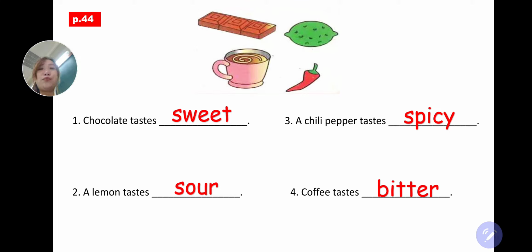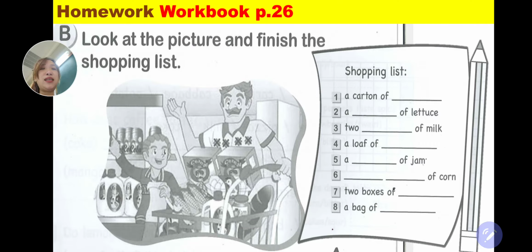OK, Number 4, coffee taste bitter. Coffee taste bitter 是苦苦的。OK, so let's take out your homework book, your workbook. Let's turn to page 26. Did you take out your workbook? Okay, page 26. 26页。Look at the picture and finish the shopping list. 这一页是你的 homework。How to do this homework?